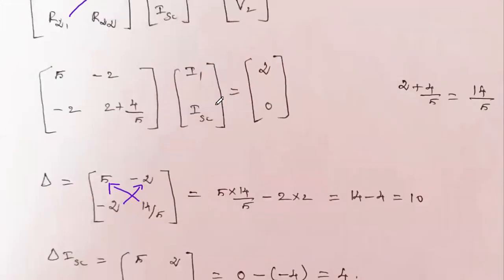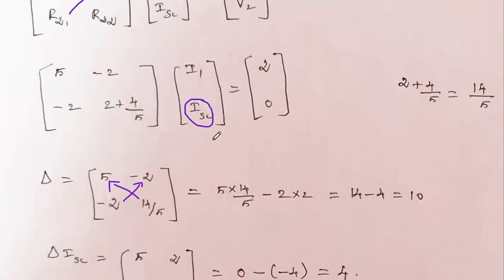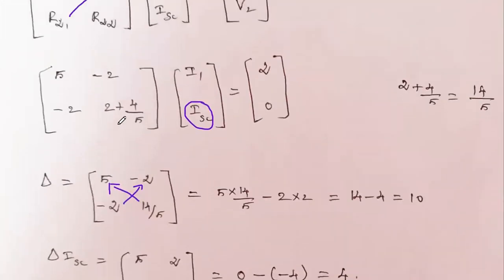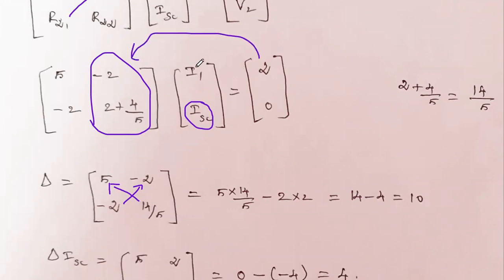Our aim is to find this ISC. In order to find ISC, we have to calculate del ISC. Del ISC means you replace the second column of this determinant by the constant values. If we want to find I1, you replace the first column by the constant values.